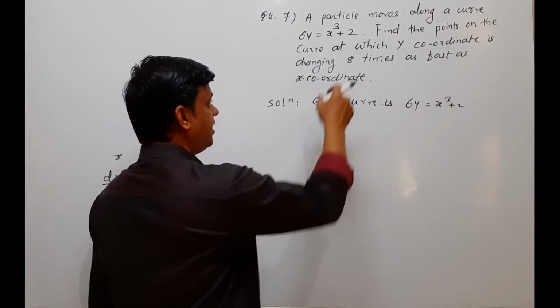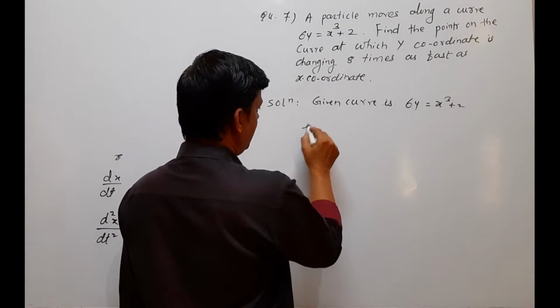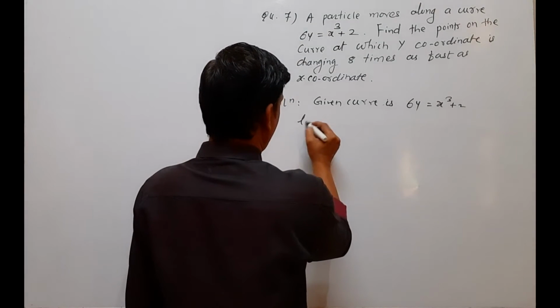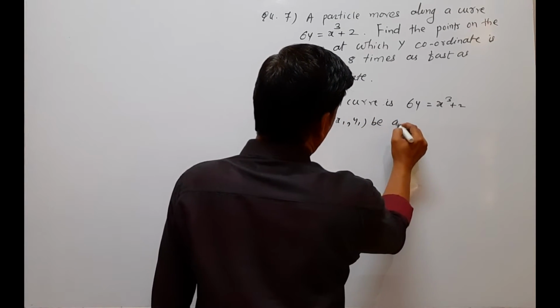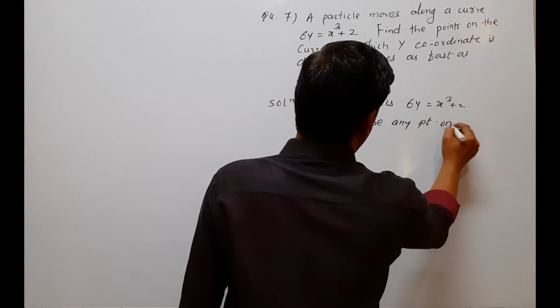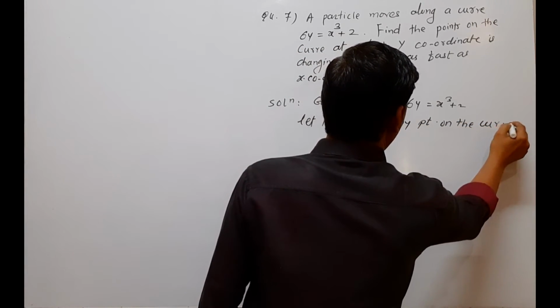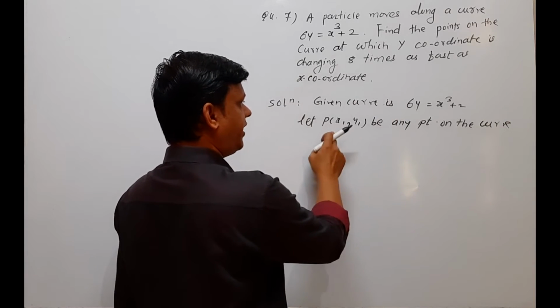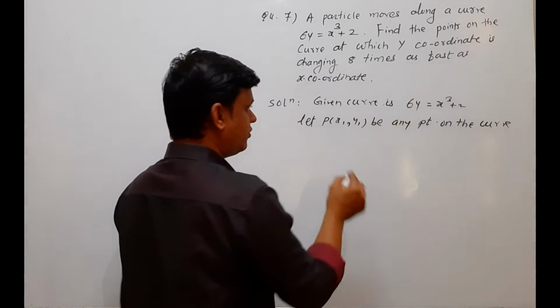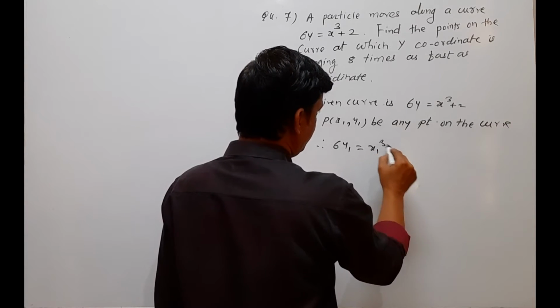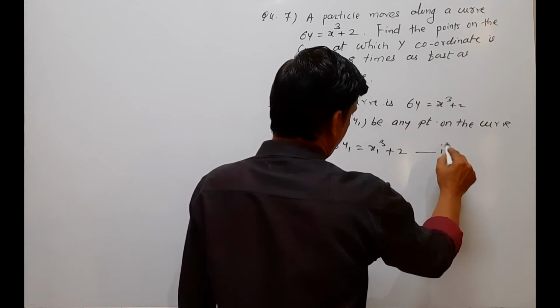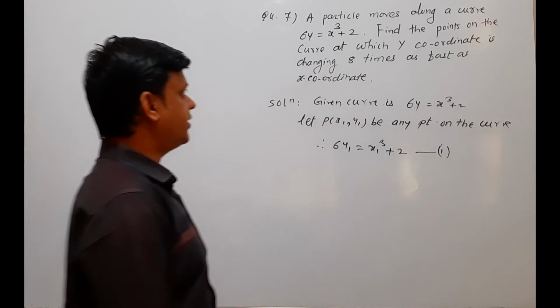So we consider points. Let P of x1, y1 be any point on the curve. So this point must satisfy this equation. So we write 6y1 is equal to x1 cube plus 2. Denote this as equation number first.